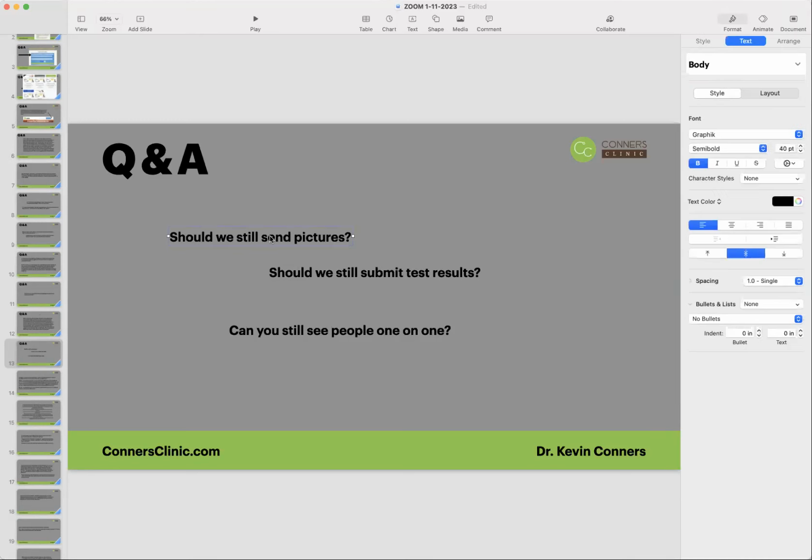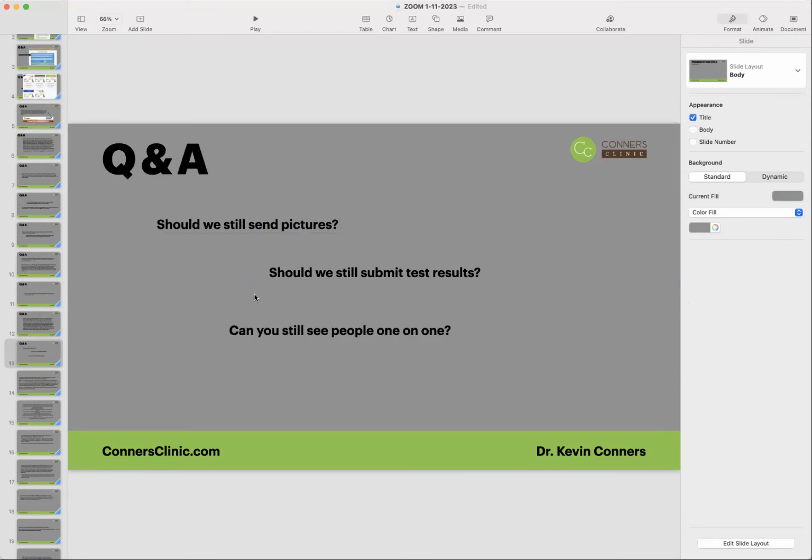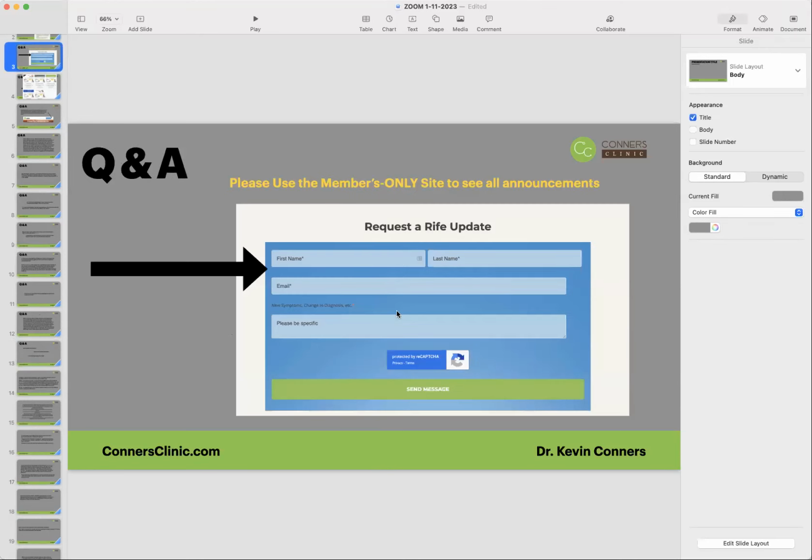So back to, should we still send pictures? You can. Should you? No, you don't have to. You can if you want to. Should you still submit test results? You can, especially if you have a question about a test that you want to ask on the Zoom call, but those all have to be addressed on the Zoom call. So maybe it would be better to send just the abnormal findings in the Zoom call question box, which is similar to this blue question box at the bottom of every page of the member site, but it doesn't say requested update.